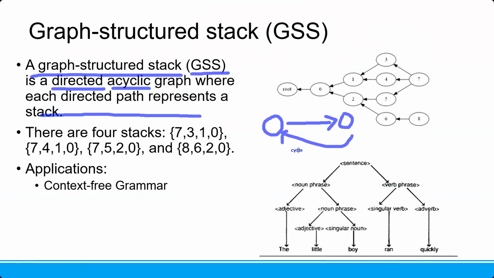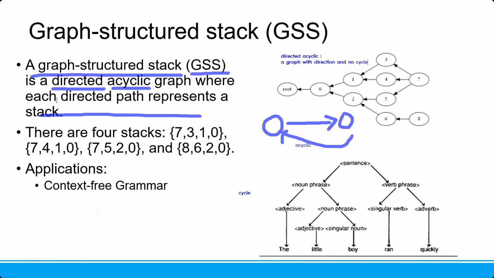But if we call it acyclic, it means there is no cycle. Okay. So directed acyclic means it is a graph with direction and no cycle. So acyclic means no cycle.